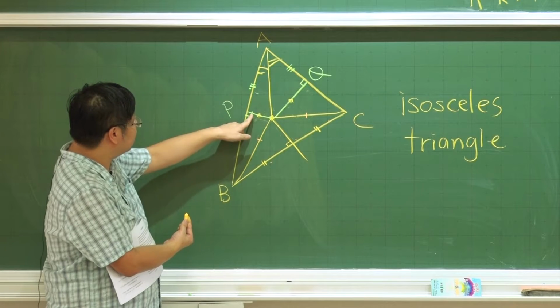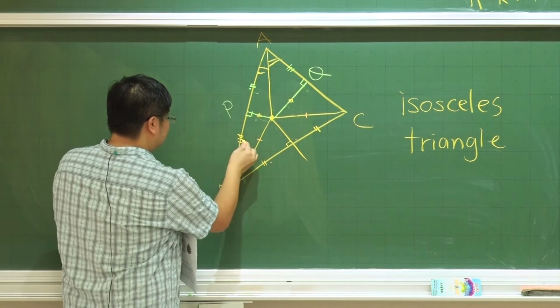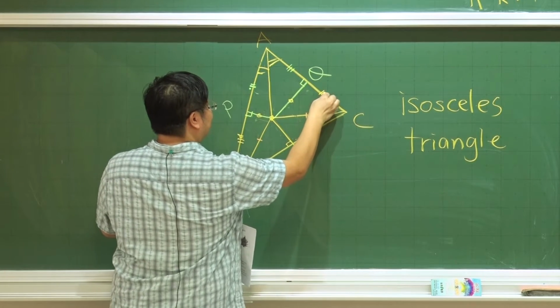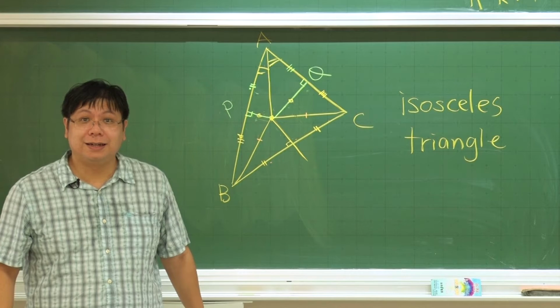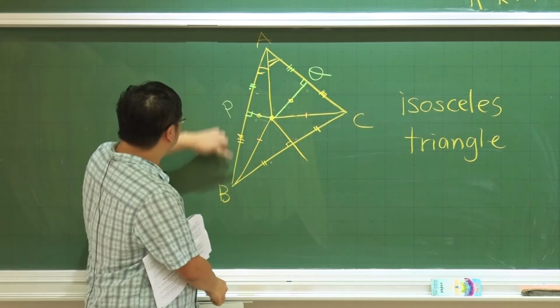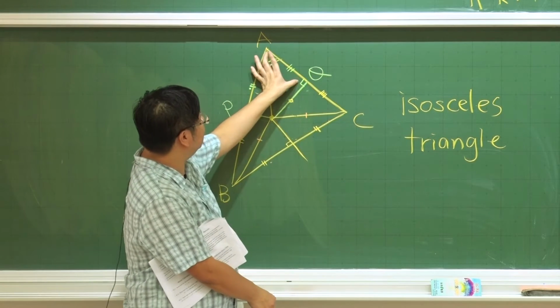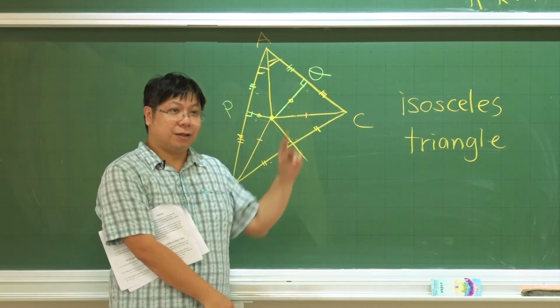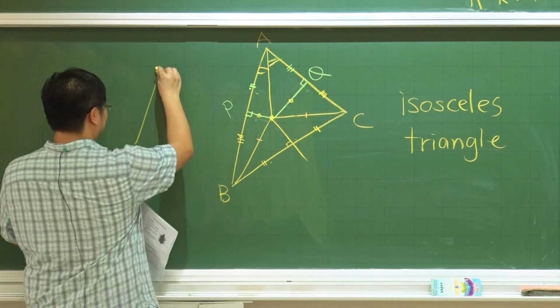So what does it mean? It means that this line is the same as this line. Am I correct? Okay, good. Look at AB. AB is a green plus a yellow. AC is a green plus a yellow. So they are isosceles.